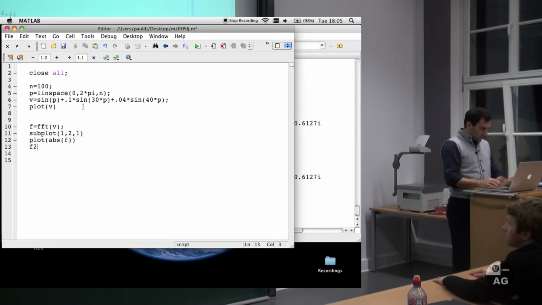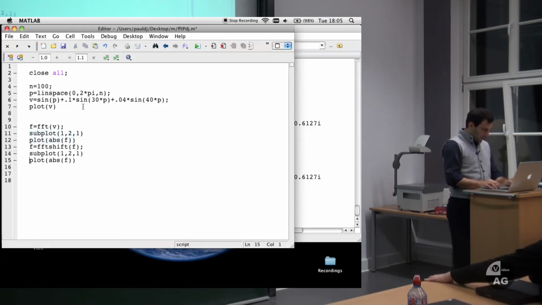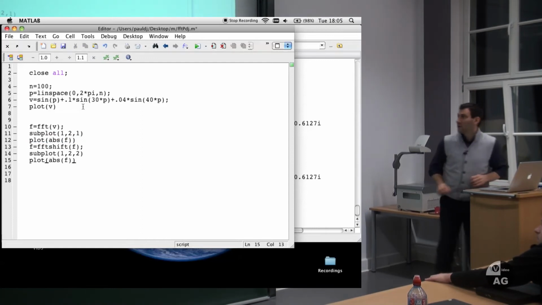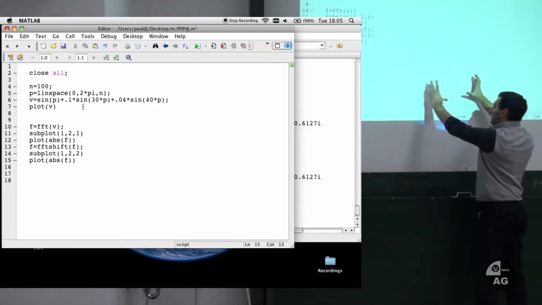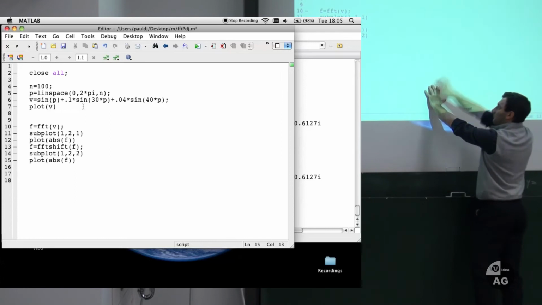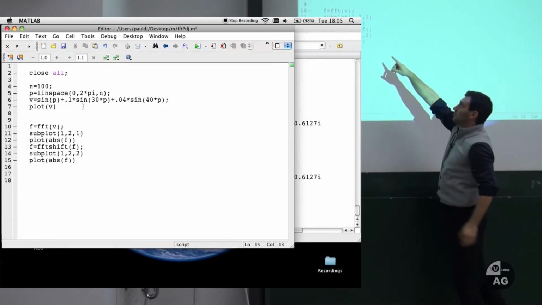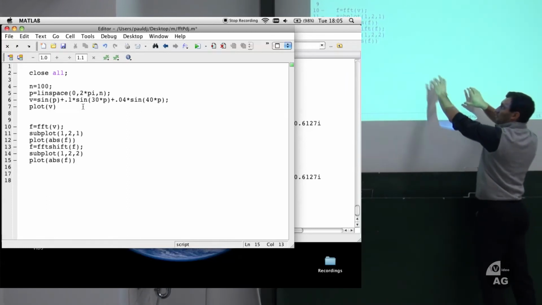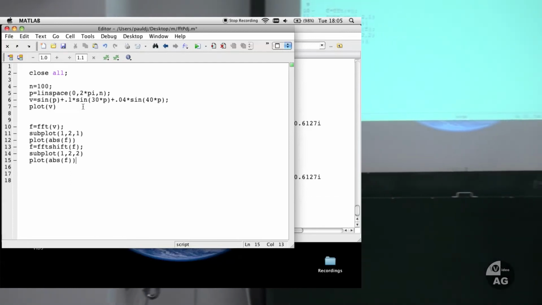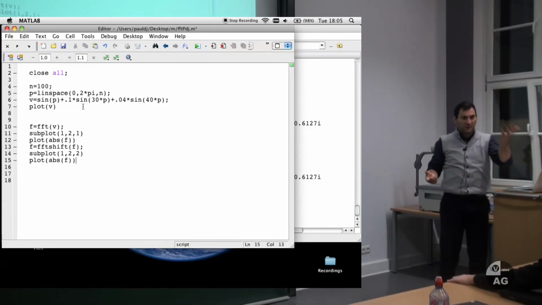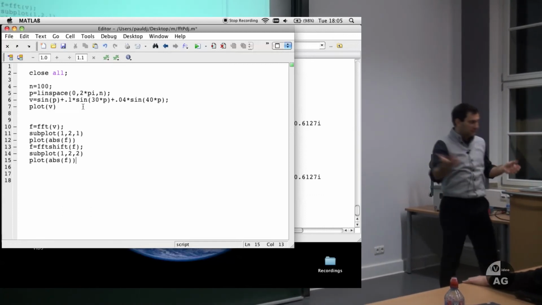So what I want to do now is shift of F. Subplot 1, 2 means I'm defining two plots side by side, and 1 means I will write in the first. That's what the first plot does. And then subplot 1, 2, 2 means I will write in the second. Basically, I'm plotting the Fourier transform, then some shifting, and the result.